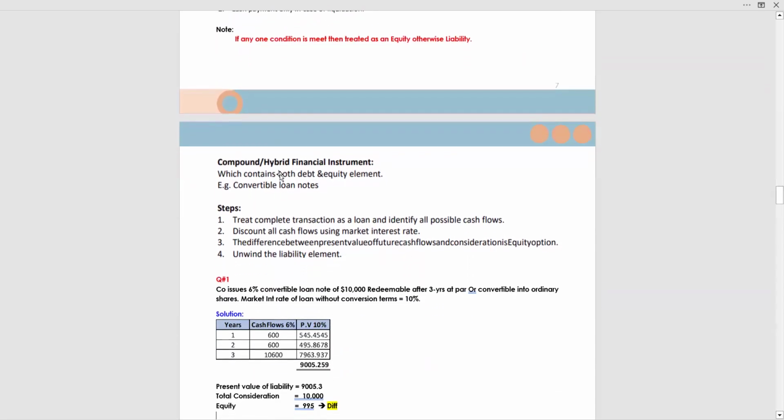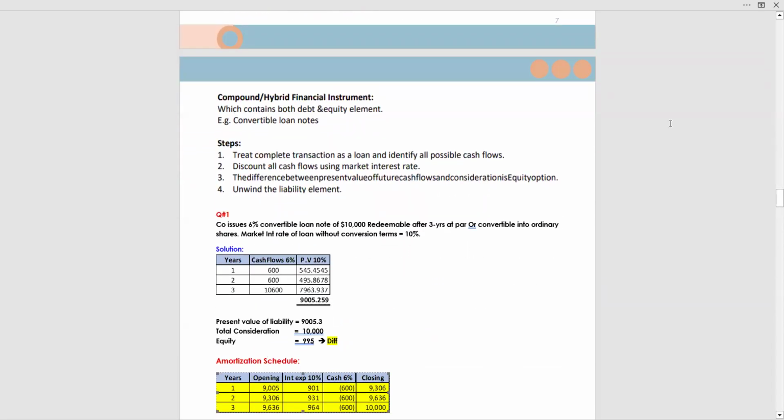Compound financial instrument. Compound means debt plus equity. Convertible loan note. You have written so many times, an entity issues a convertible loan note. Convertible loan note means the investor has an option either to receive cash or the equity. Let's read the steps.